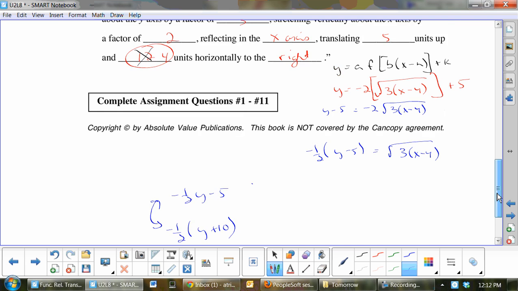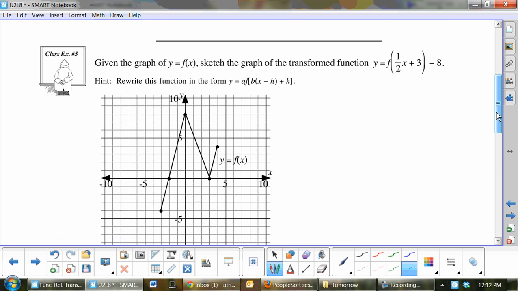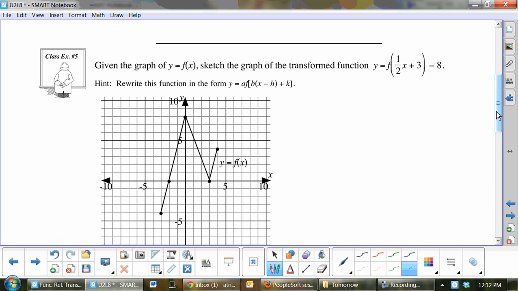Okay, so let's go to this one. It says, here's y equals f of x. Okay, so we're going to, first of all, get it in this form before you do any transformation talk, okay?